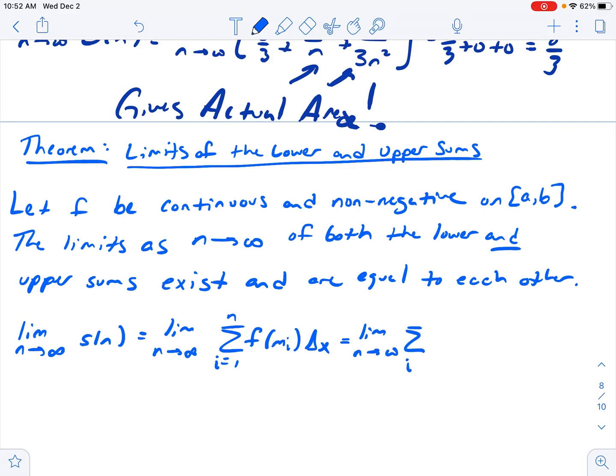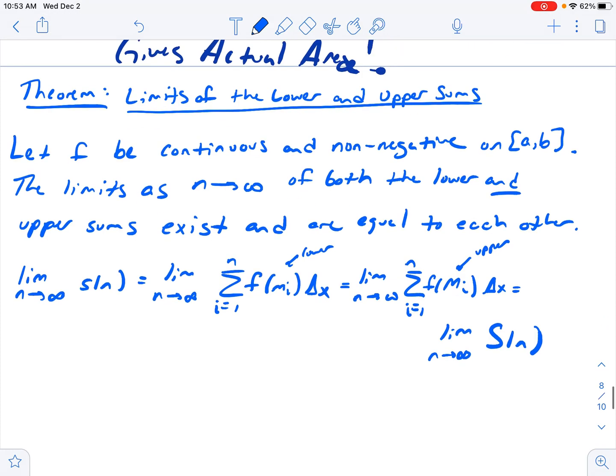Well, that limit's going to equal the limit as n approaches infinity of the upper sums, which I'm going to write like this. f of capital M sub i to represent the upper sum. Okay, so that's for lower x value, that's the upper, times delta x, which is exactly equal to the limit as n approaches infinity of our upper sums. Okay, that's the theorem.